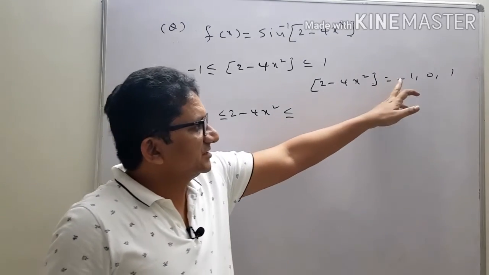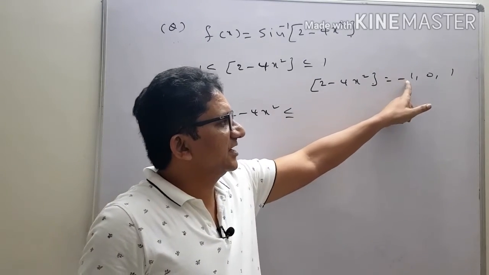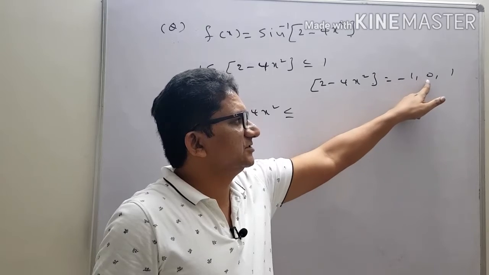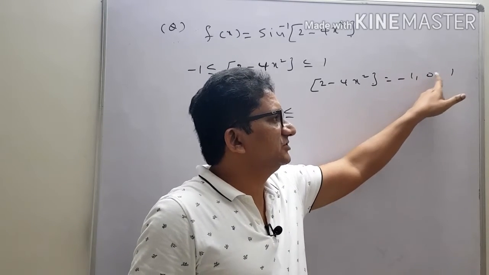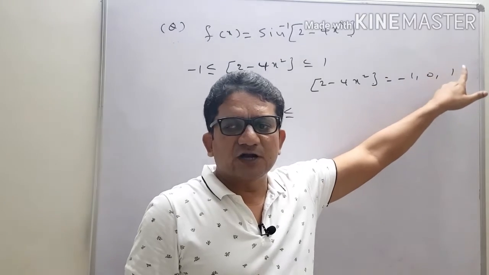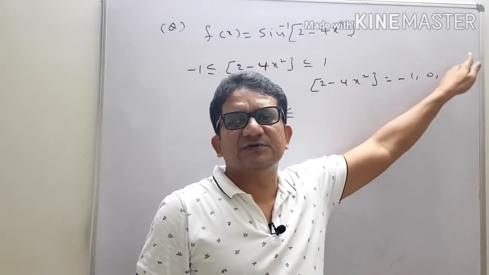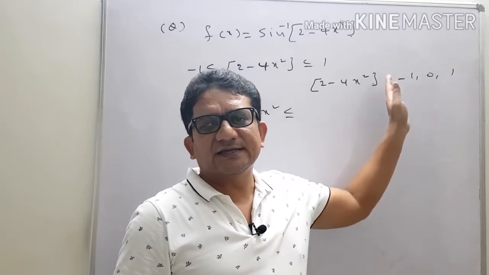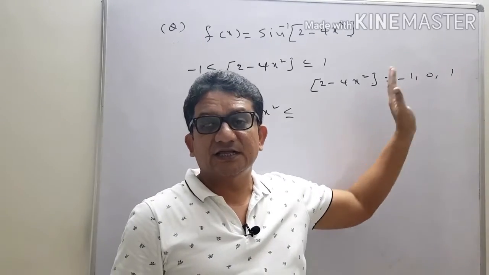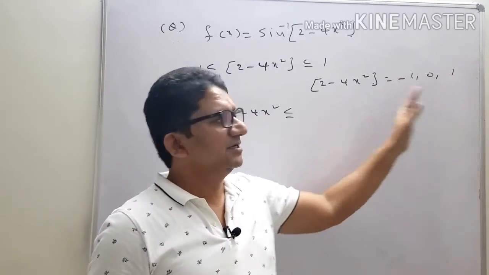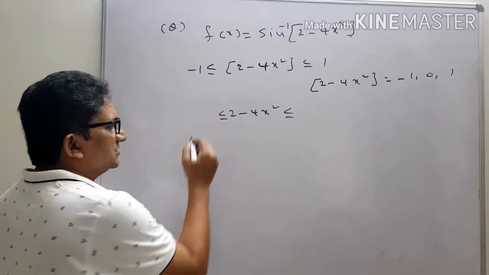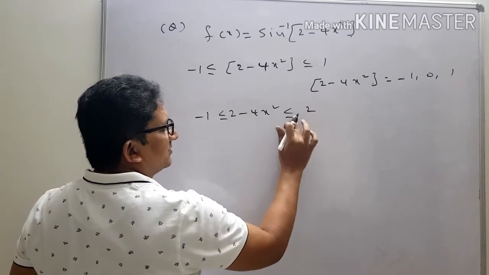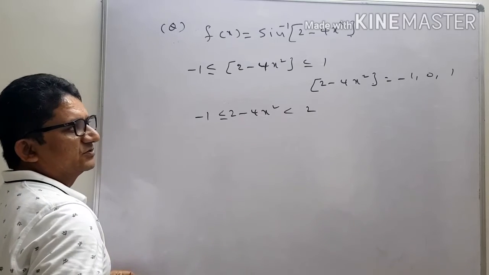We get minus 1 when it lies in between minus 1 comma 0, 0 when it lies in between 0 and 1, and 1 when it lies in between 1 and 2. Like this you need to analyze at the earlier stages at least. If you analyze like that you will get an accurate result. That means it lies in between minus 1 comma 2, and 2 is not included.